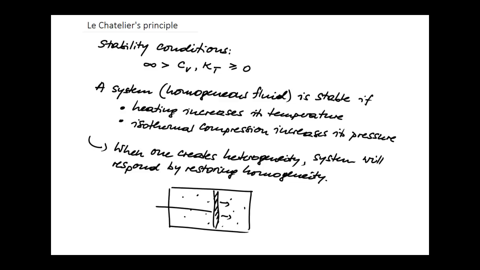When you do that, this will lead to an increase of pressure on the right and a decrease of pressure on the left. So when you let the piston go, then this pressure difference will push the piston back, and the system will restore its prior homogeneous state.